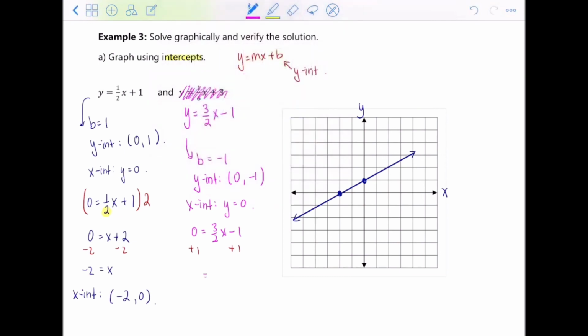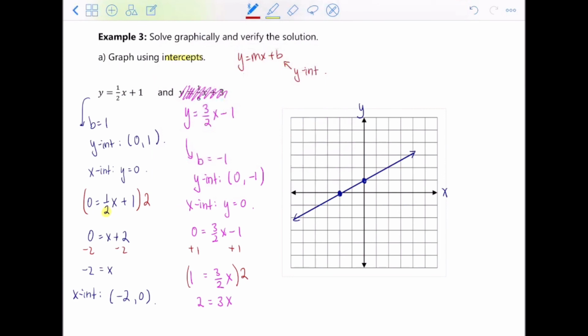Now we're left with 1 equals 3/2x. Multiply the entire equation by 2, so we're left with 2 equals 3x.